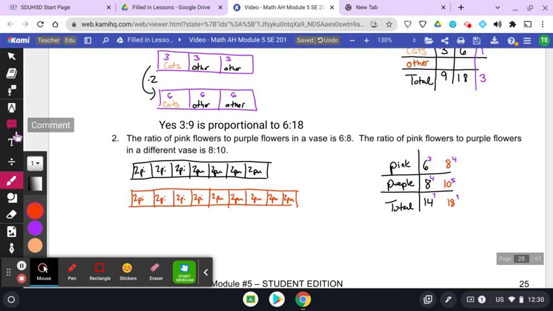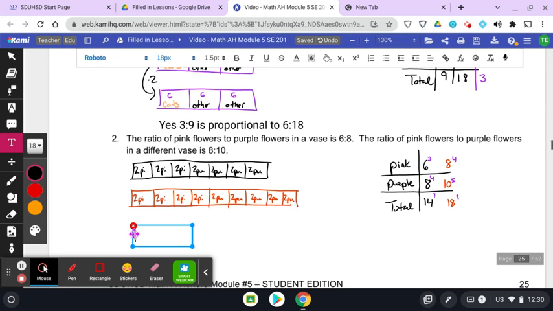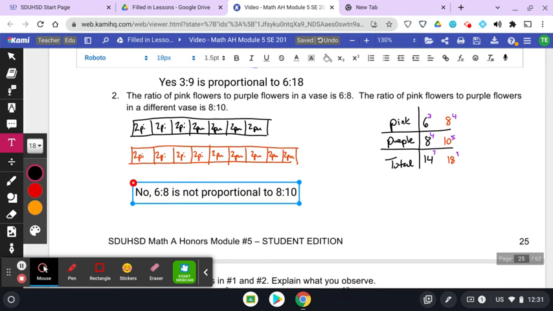So, no. 6 to 8 is not proportional to 8 to 10. Okay, so if we can't make it with the same number of total sections in our bar model, then it's not going to be proportional.